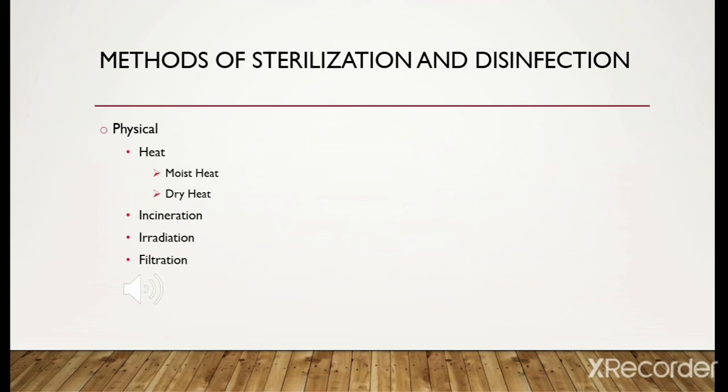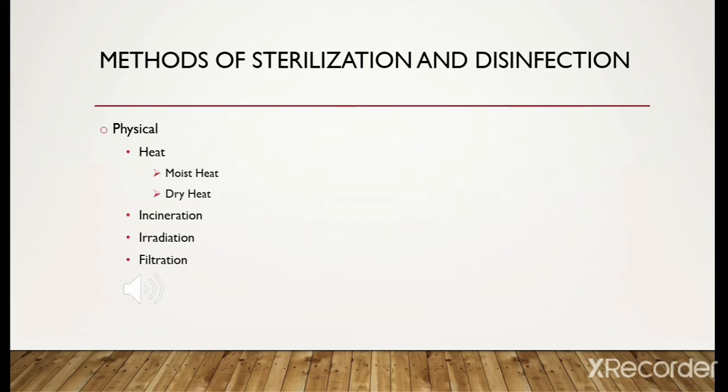On the other hand, heat above 100 degrees Celsius, also called autoclaving, allows you to kill the microorganisms in 15 minutes under 121 degrees Celsius, or in 3 to 6 minutes under 134 degrees Celsius.